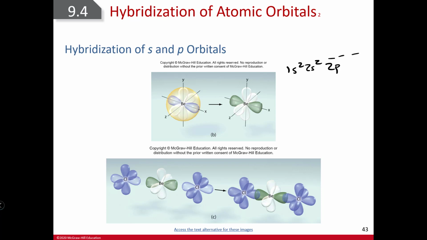So by taking the s and the p and getting two sp orbitals, hybridized orbitals, that's what the green represents here, then we have the ability to accept an electron from the chlorine, and this one has the ability to accept an electron from the chlorine, and we form this substance here.